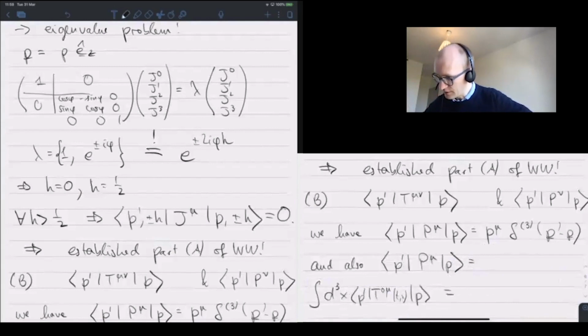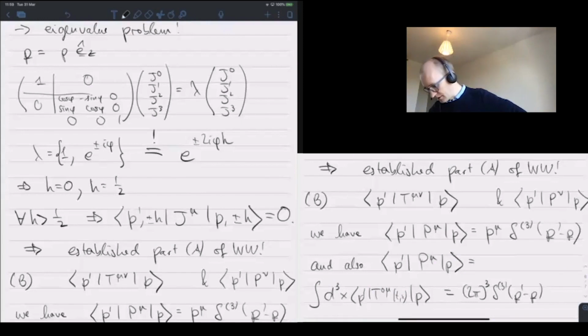Then I use Heisenberg evolution to write this in terms of the T mu at the origin, and then I get my delta function as before. So I get (2 pi) cubed delta 3 of p prime minus p times the matrix element p primed, T0 mu, p.